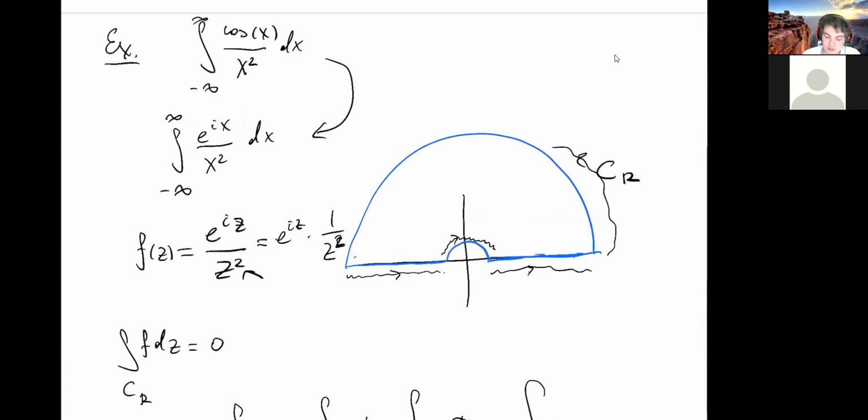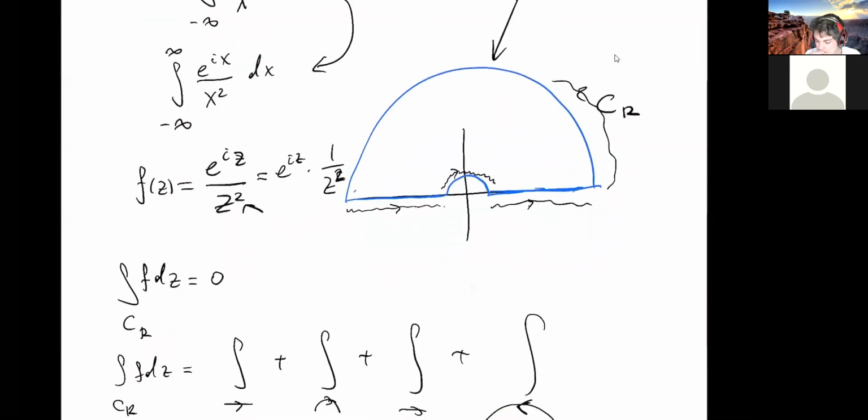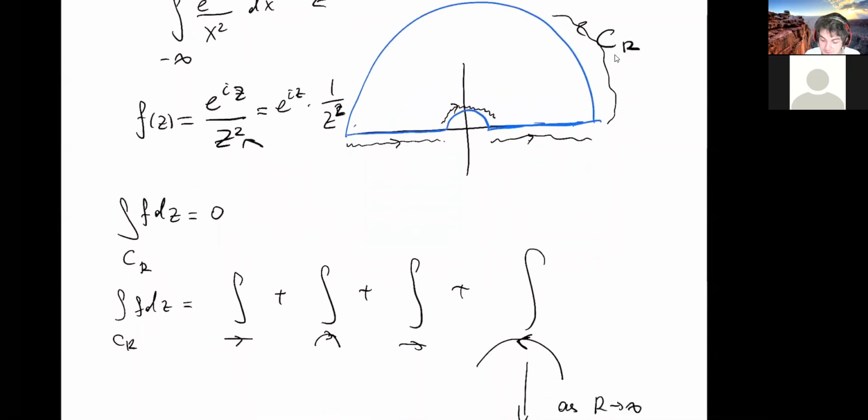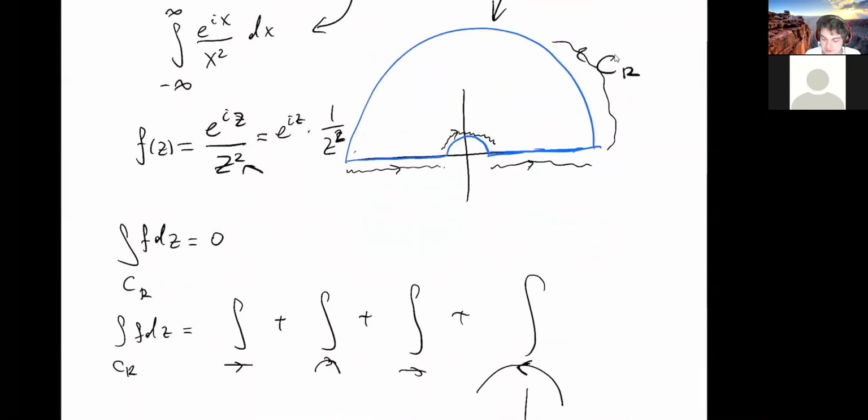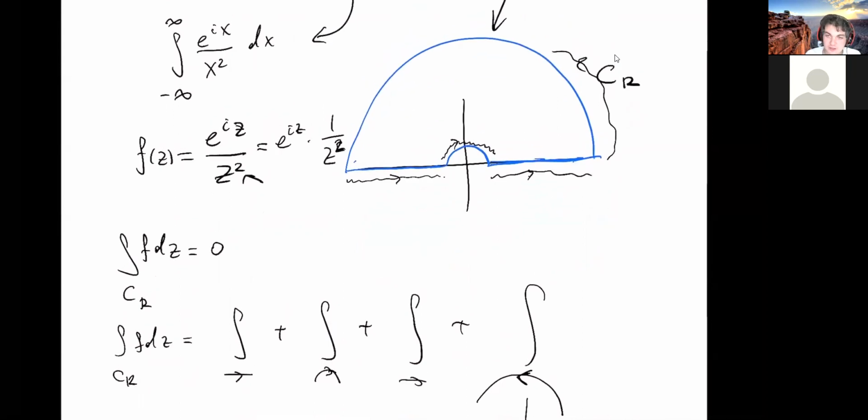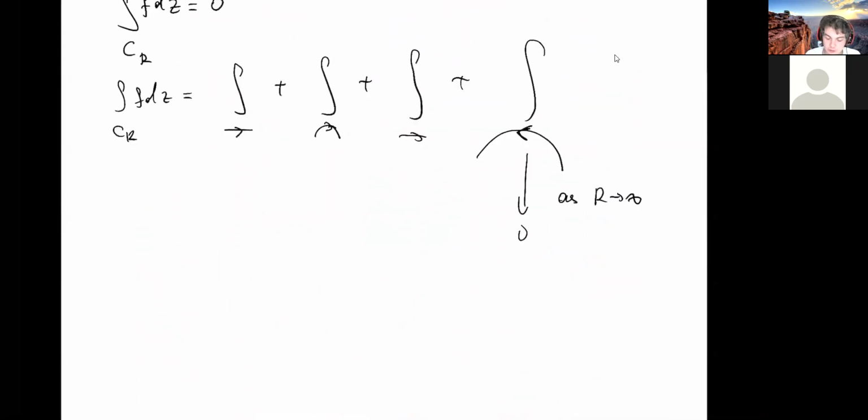So when we are on this part of the contour, we have absolute value of z is equal to r, so 1 over z square is like 1 over r square. It's pretty small. So Jordan's lemma tells us that the integral over this semicircle will go to 0.